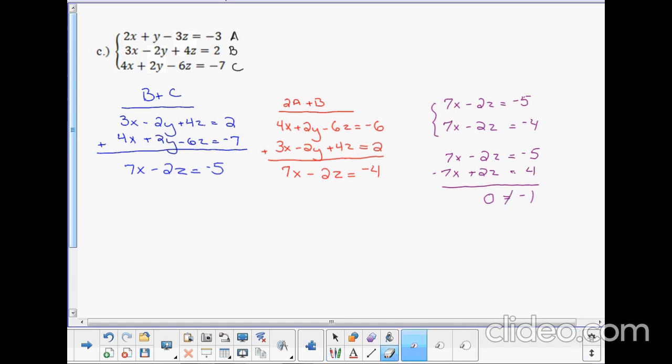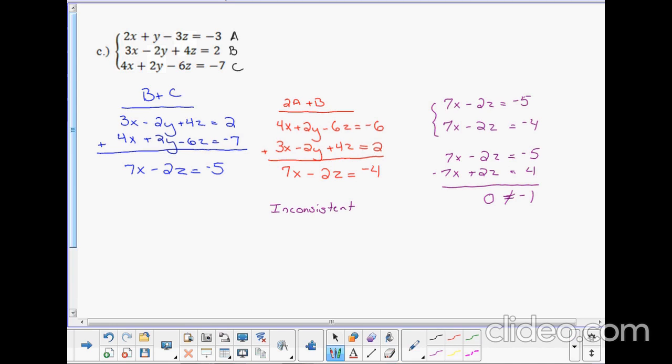And so we get this statement that's actually false. 0 does not equal negative 1. So it doesn't actually solve for any variables, and it gives us a false statement. All we see here is that I'm going to have what we call an inconsistent system. This system is inconsistent.